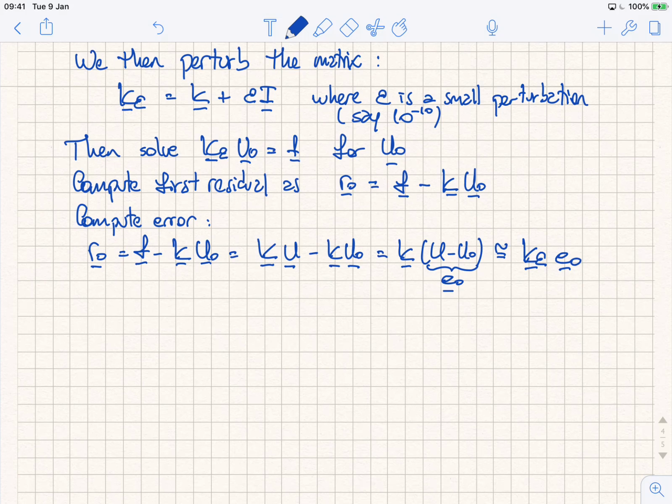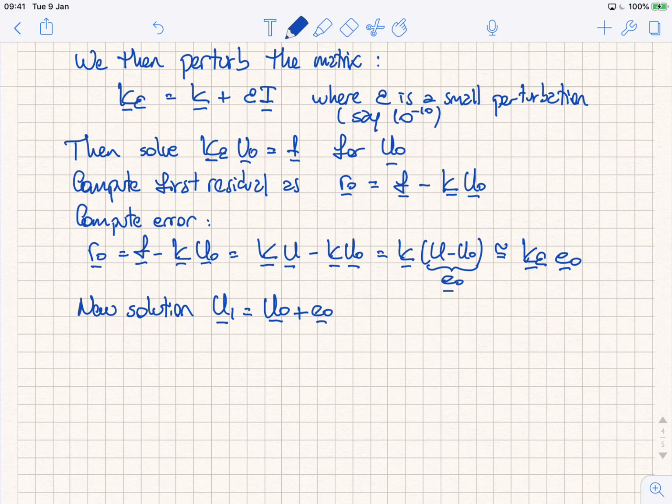Okay. And now we obtain a new solution vector using that error. U1 is equal to u0 plus epsilon, so plus e naught, and we can actually get e naught because we can solve for that, right?